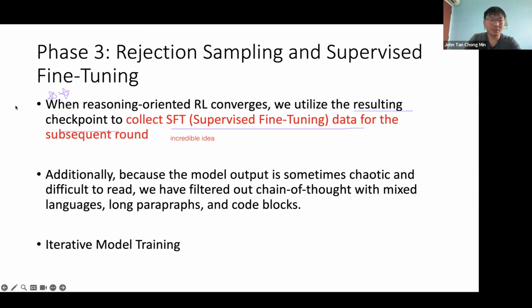Okay, let me just draw this diagram out. Let's say this is the best outcome. Over here the x and y axes are arbitrary. I just want to demonstrate how this might help the process. Initially, your model starts here, and through RL you might bias it wrongly, until here.